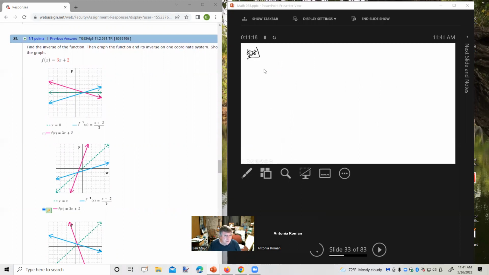Find the inverse of the function, then graph the function and its inverse on one coordinate system. Show the axis of symmetry on the graph. Well, okay, so f of x equals 3x plus 2, y equals 3x plus 2, x equals 3y plus 2, subtract 2, x minus 2 equals 3y, divide by 3, y equals x minus 2 over 3.